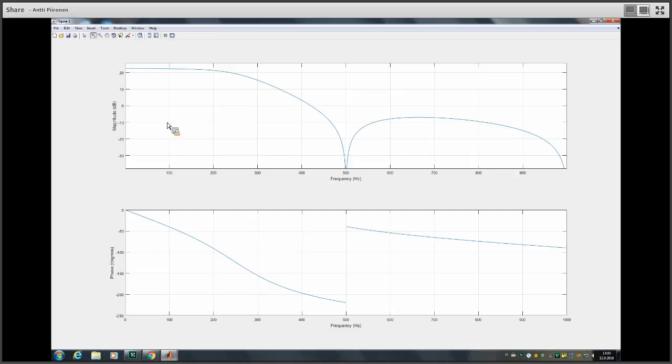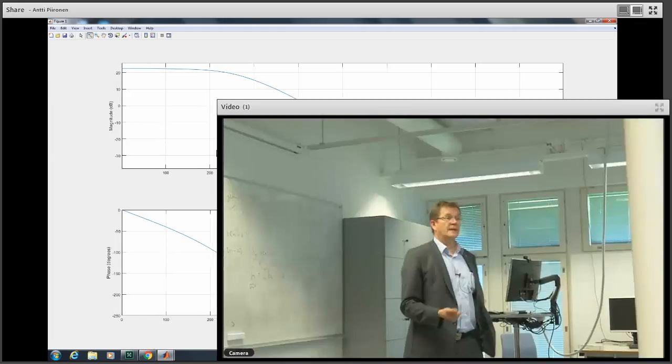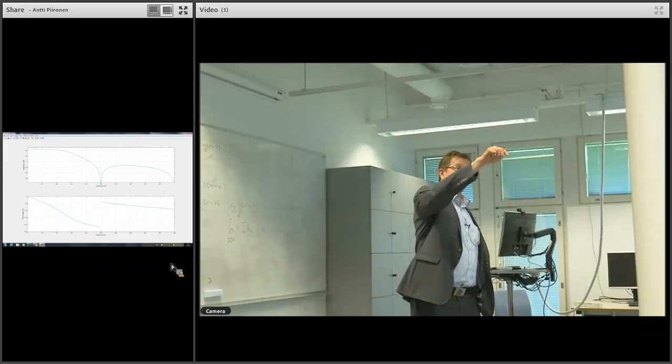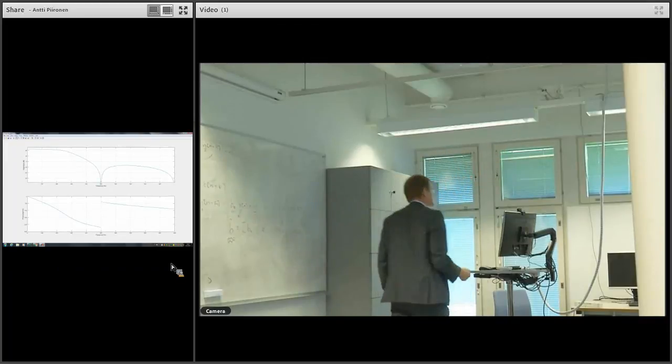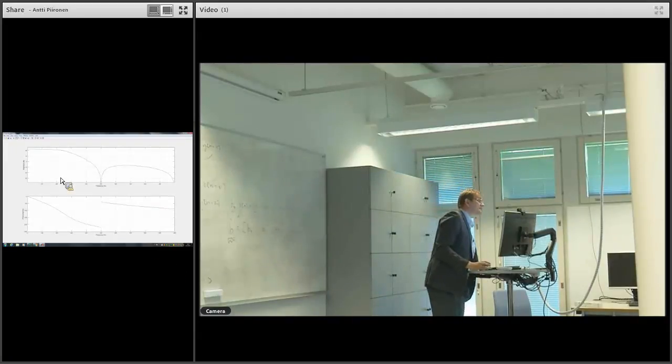It has a rather flat passband response. The upper part is the magnitude response or amplitude response. Then it also dips, so it has some gain, 22 decibels of gain here.